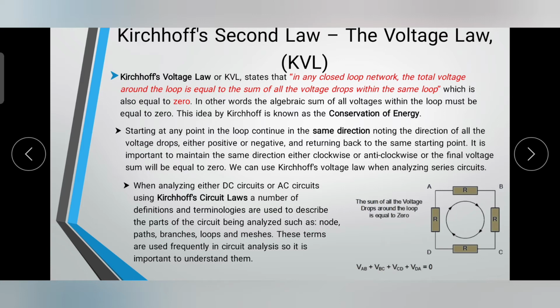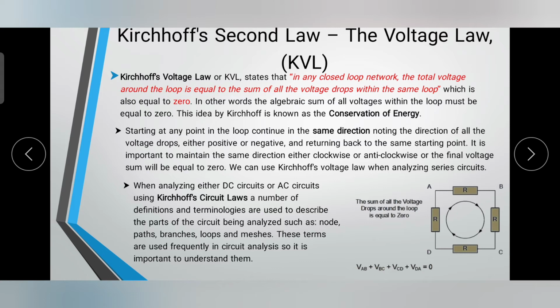Starting at any point in the loop, continue in the same direction, noting the direction of all the voltage drops, either positive or negative, until returning back to the same starting point. It is important to maintain the same direction, either clockwise or anti-clockwise, or the final voltage sum will not be equal to 0.